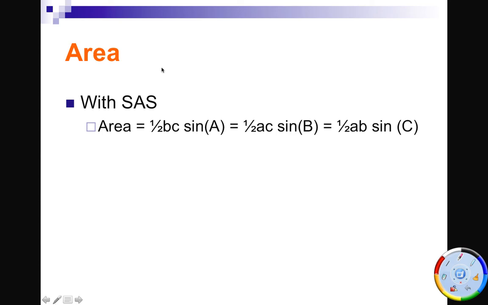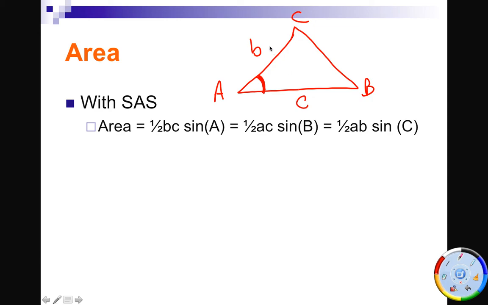With side angle side, it's half BC sine of A. So if you're given A, B, and C, here's little c, and here's little b, and here's angle A. So if you're given side angle side, it's 1/2 times b times c times the sine of angle A. That'll give you the area of your triangle.